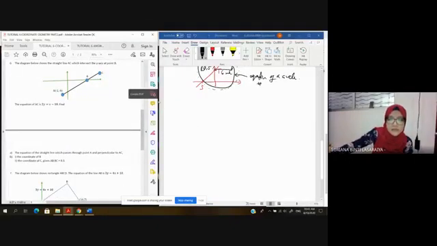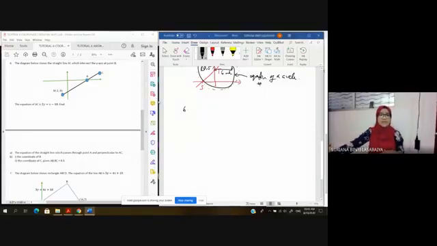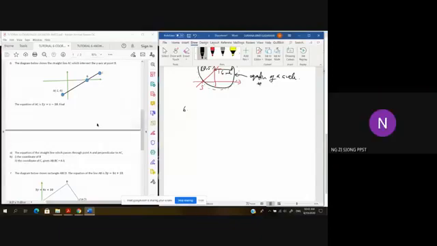Okay, now number 6. Question number 6. Diagram below shows the straight line AC which intersect the y-axis at point B. Kenapa gambar aja dia begini? Straight line AC. Sepatutnya, madam, intersect the x-axis.